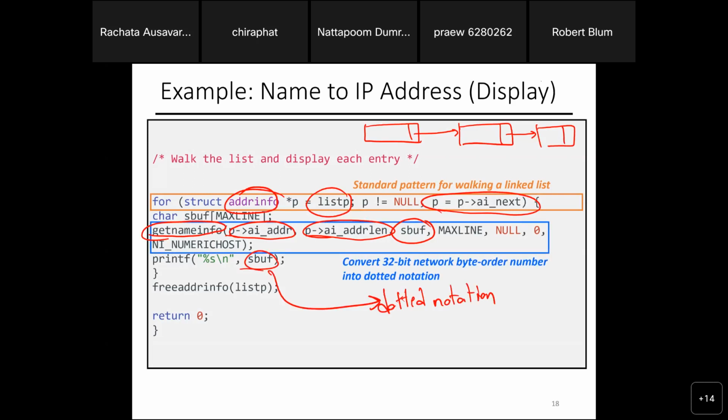Why do we need this? Because your address is not in a dotted notation, and if you want a dotted notation, getnameinfo gives that to you quickly. So just call it. You don't have to parse it yourself. Then you free the linked list after use.